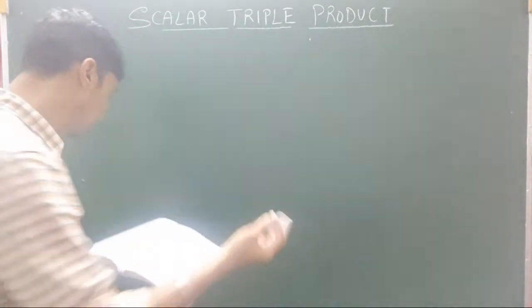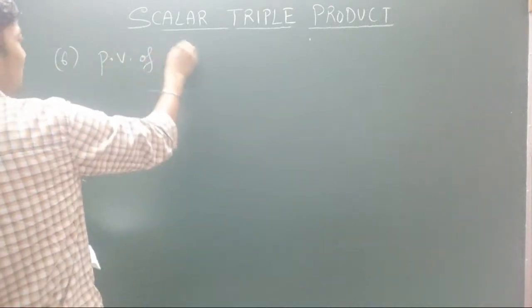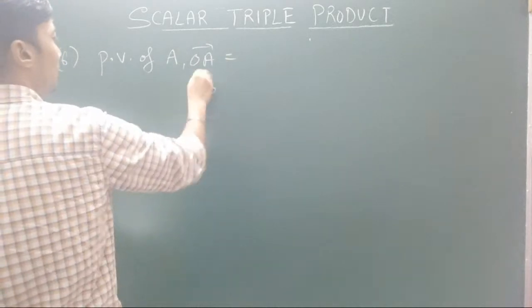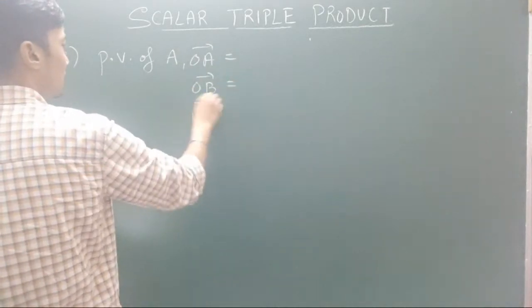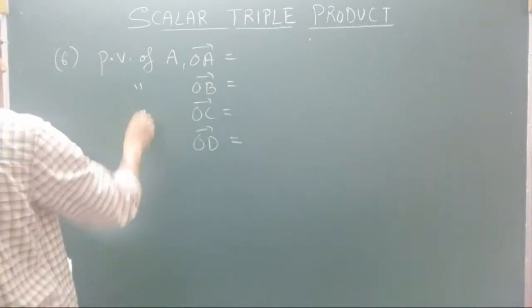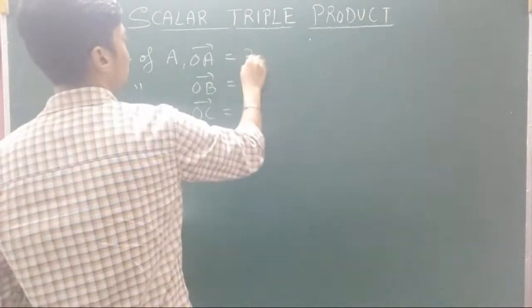It's very simple. Position vector of A, same again: OA vector, OB vector, OC vector, OD vector. So quickly follow me. 3, 2, 1.